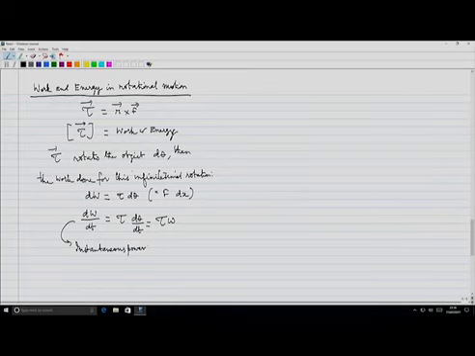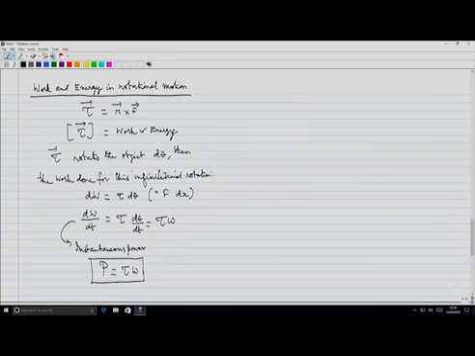So we have power is equal to tau times omega. It's a scalar quantity. Now we can ask, what is the corresponding equation in linear motion?